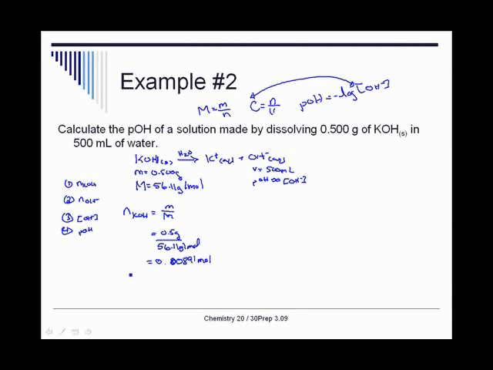Now that we have the number of moles, we're going to find the number of moles of OH by taking our 0.00891 moles and multiplying it by our mole ratio of 1 over 1, and so the number of moles doesn't change.